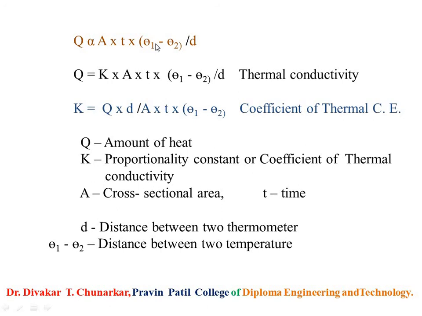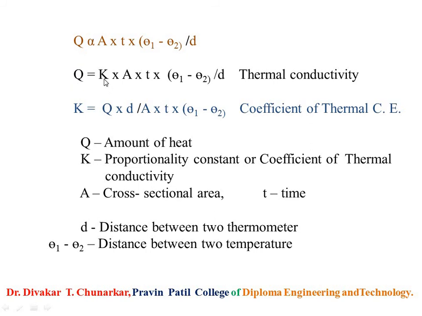So the amount of heat Q is directly proportional to the temperature gradient, time T, and area of the rod. We can write this in mathematical form: Q equal to K into A into T into theta 1 minus theta 2 upon D. So this is the equation of thermal conductivity.